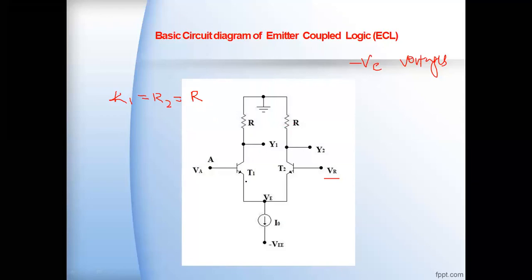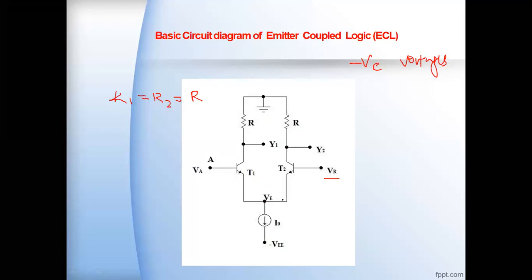Now why is it emitter coupled logic? Because in this circuit, the emitters of all the transistors are coupled together. The transistor T1 and the transistor T2, and even if you have multiple transistors at the input, will be coupled together.